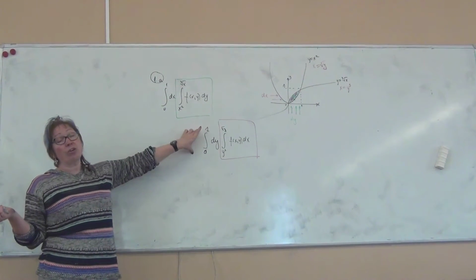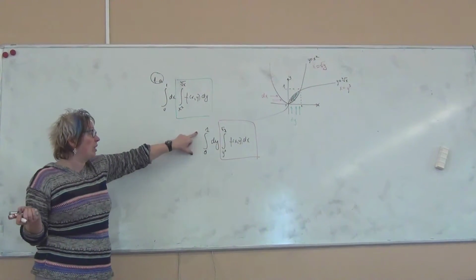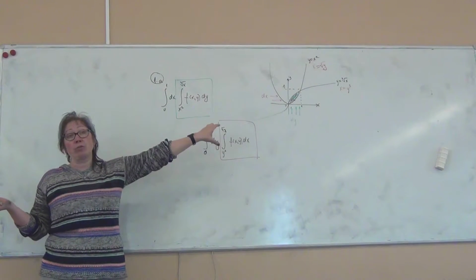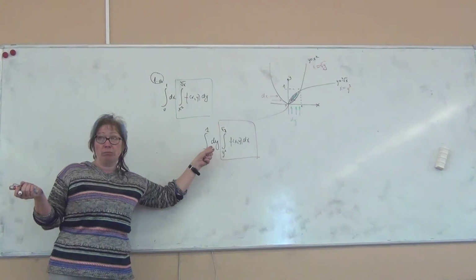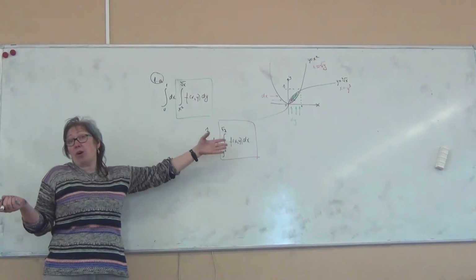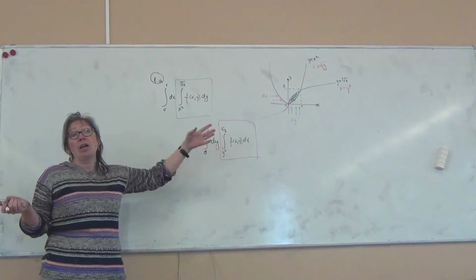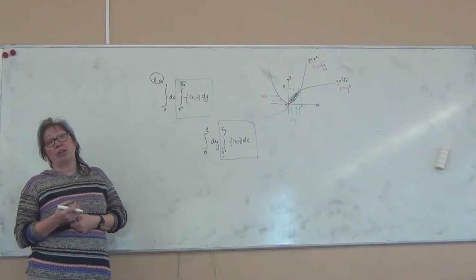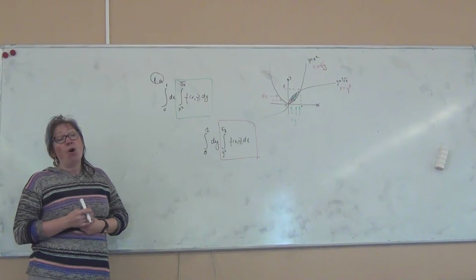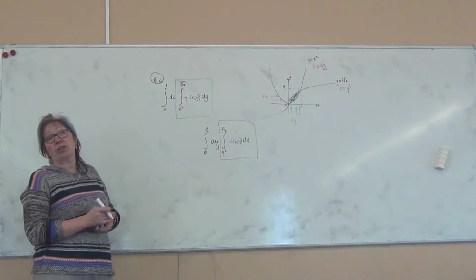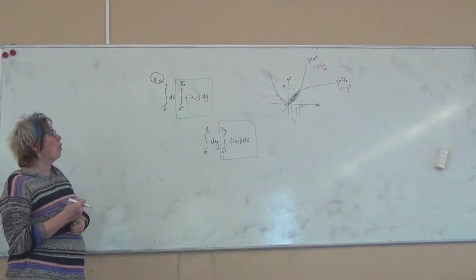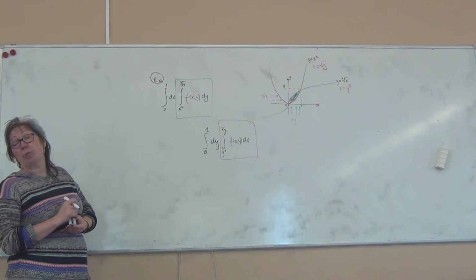The outer integral boundaries are always constants. The inner integral boundaries should be expressed in terms of the outer variable, but sometimes they might be constants. It happens. If the region of integration is a rectangle, for example, or if one of the boundaries is a straight line, a horizontal line, or a vertical line, they could be constant, or one of them could be constant.